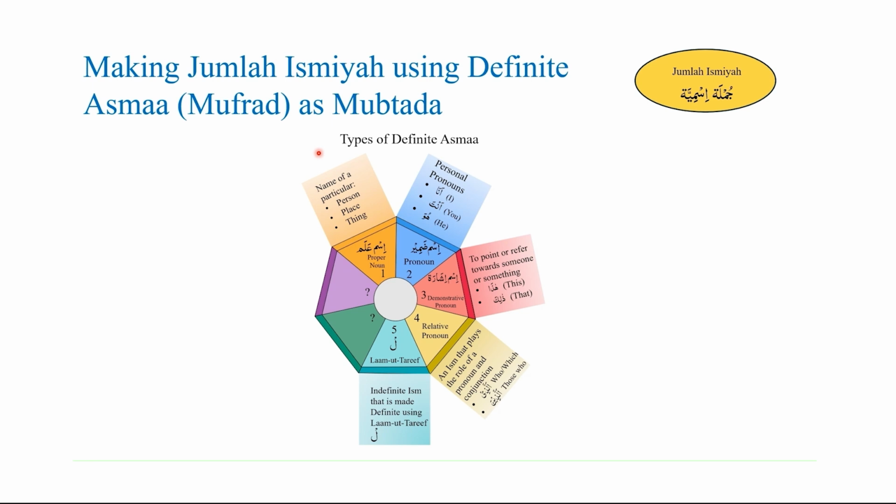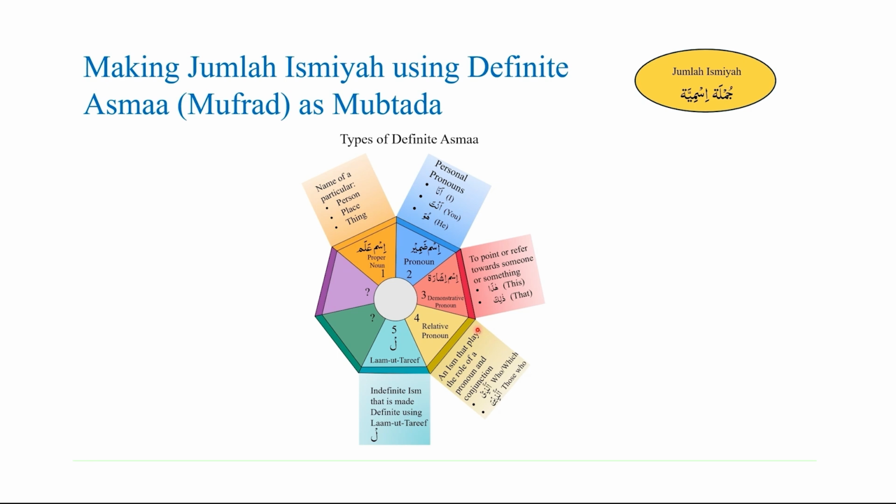These were as follows: Ism alam or proper noun, such as the name of a particular person, place or thing. Ism zamir or personal pronouns, such as ana, anta, huwa. Ism ishara or demonstrative pronouns, which are used to point or refer towards someone or something, such as haza and zalika.